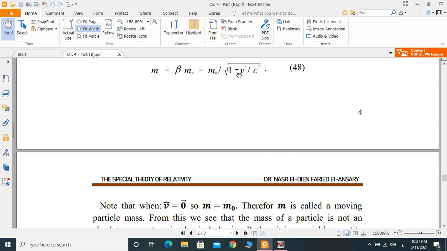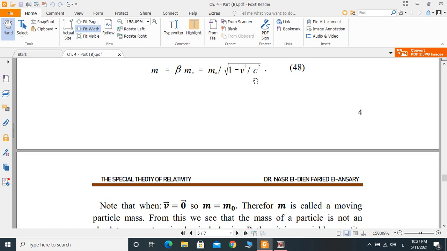According to this formula, it is clear that m varies with respect to V, and m is called the moving particle mass.